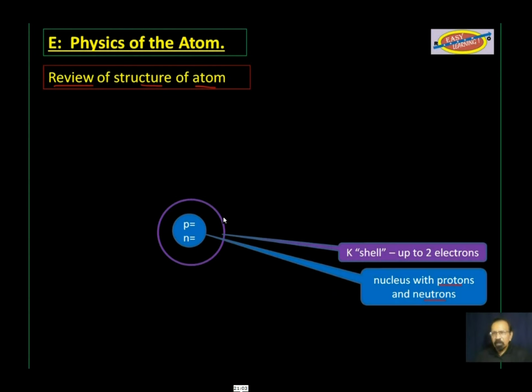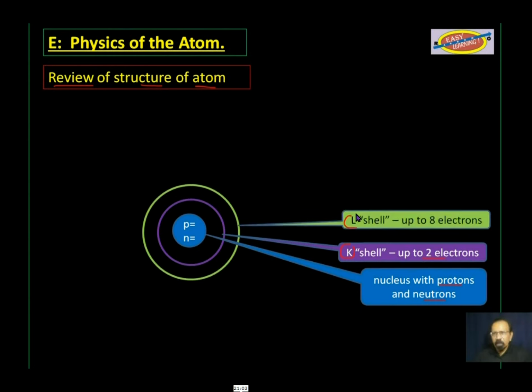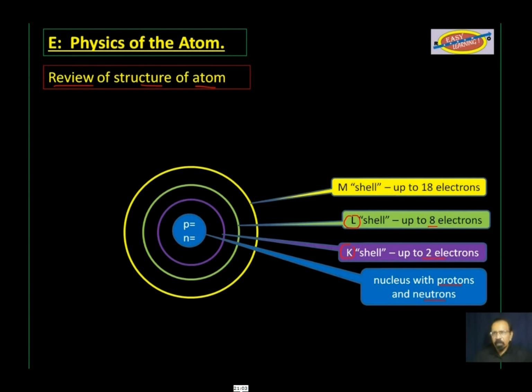The first one is called a K shell, and this shell could take up to 2 electrons. Then outside of that, you have the L shell, and this could take up to 8 electrons. Then you have the M shell, and this one could take up to 18 electrons.